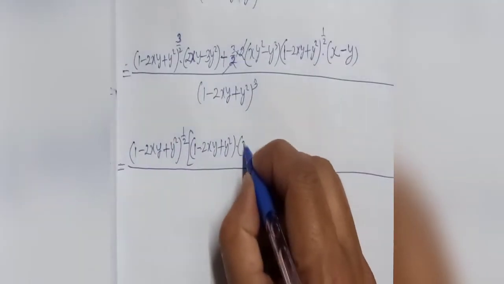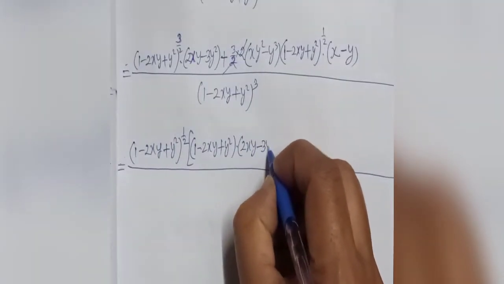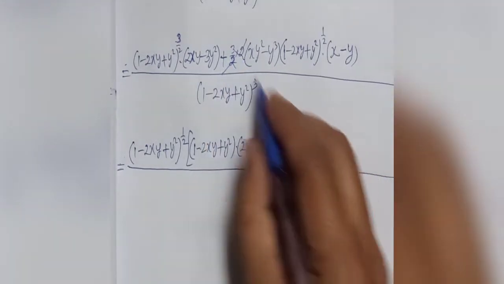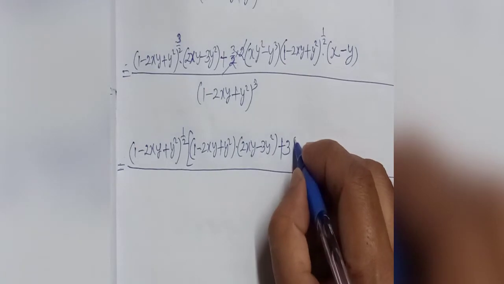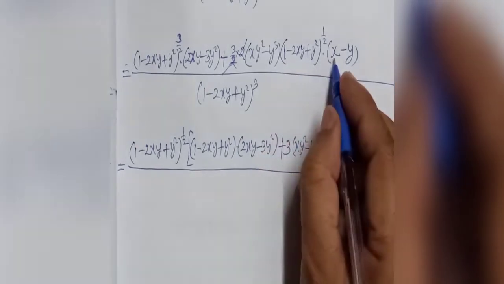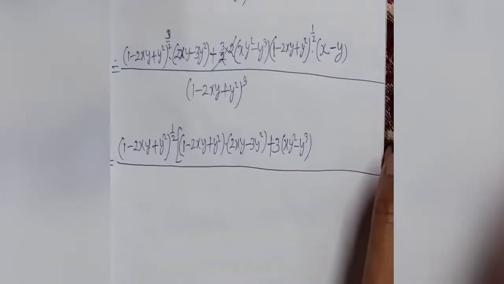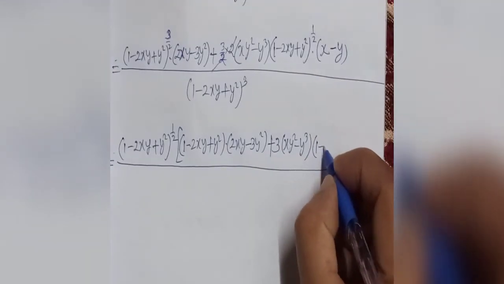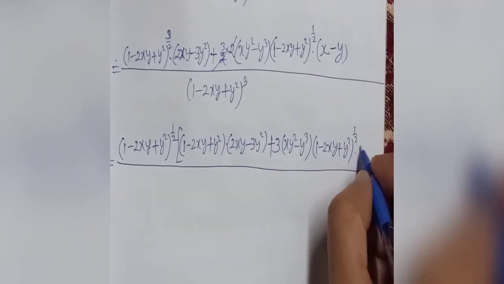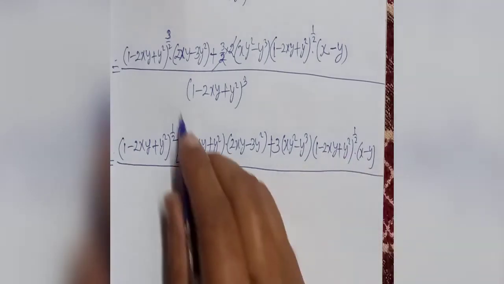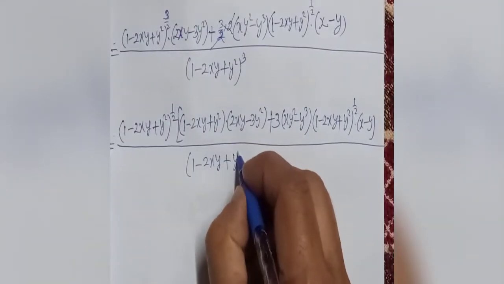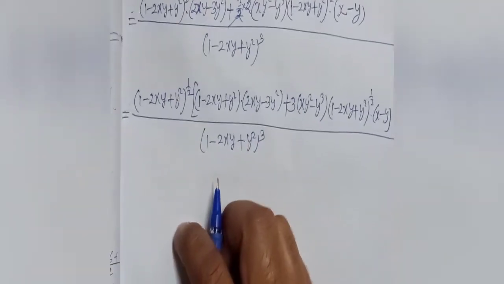So I write this value 2xy − 3y² plus 3 times (xy² − y³), and I write these terms (1 − 2xy + y²) to the power 1/2 and (x − y) upon (1 − 2xy + y²) to the power 3.